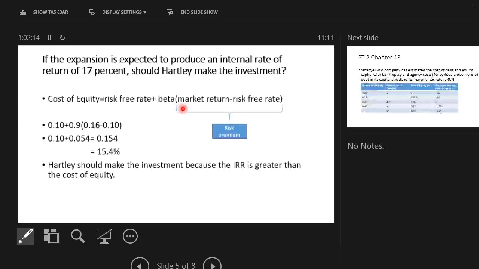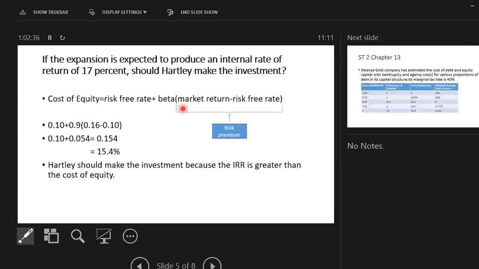We are calculating that and seeing if you're getting a different answer. Lebo, when you calculate your 0.9 times the 0.16 minus the 0.10, what do you get? 0.054. Yeah, so solve the bracket first. I did 0.16 minus 0.10, which gives me 0.06. Yes.